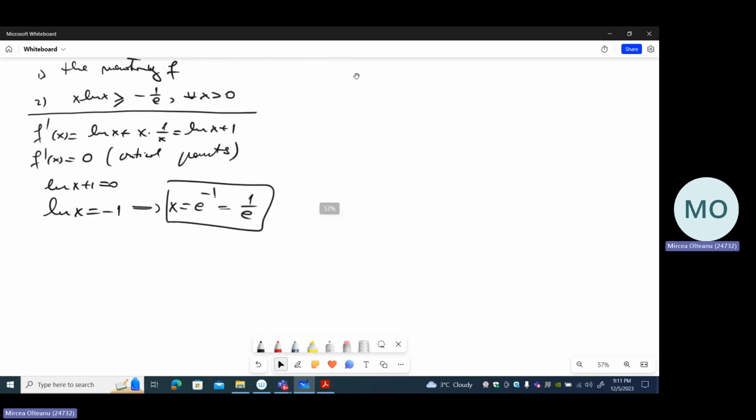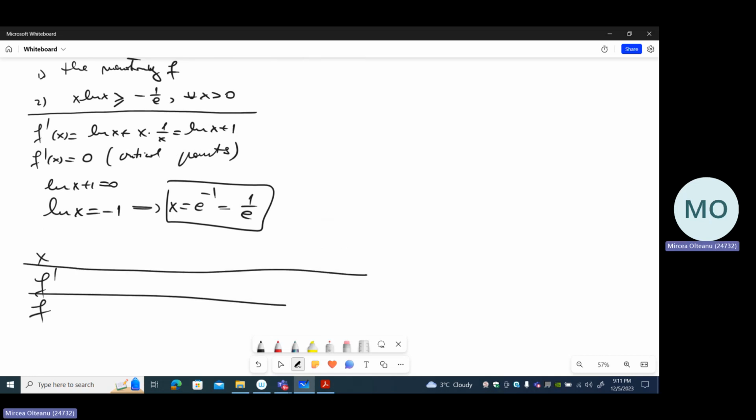Now, the table of variation of the function f will be given by the domain 0 infinity. The only critical point is 1 over e. Here the derivative is 0. Now the sign of the derivative. The derivative is this one.